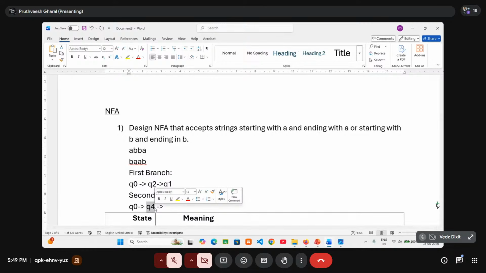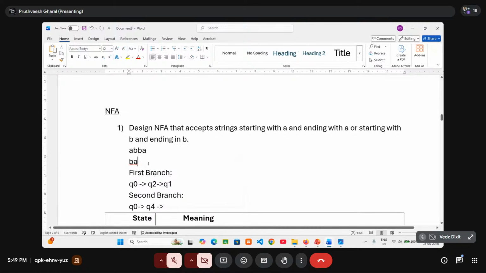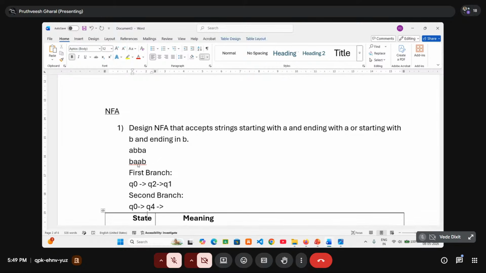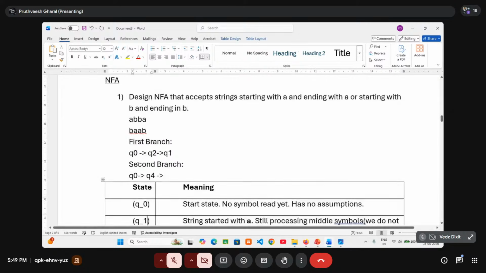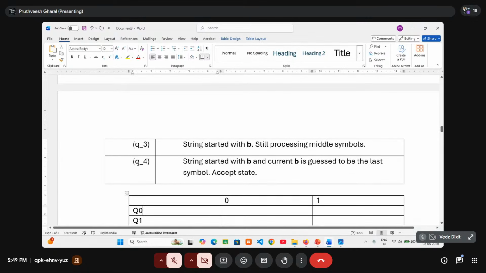But since the machine read an A, the string ends. The string did not end with B, right? But the machine turned off, and this is a strange phenomenon. That is why we always have to assume and tell the machine where to move to next. It is as simple as that.